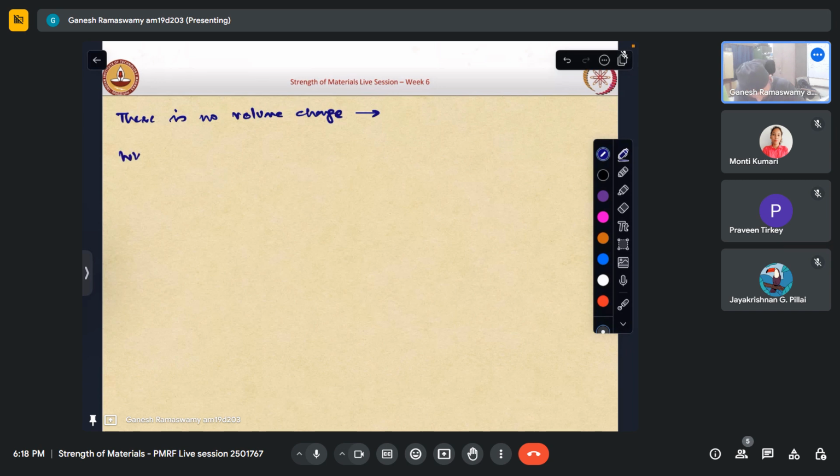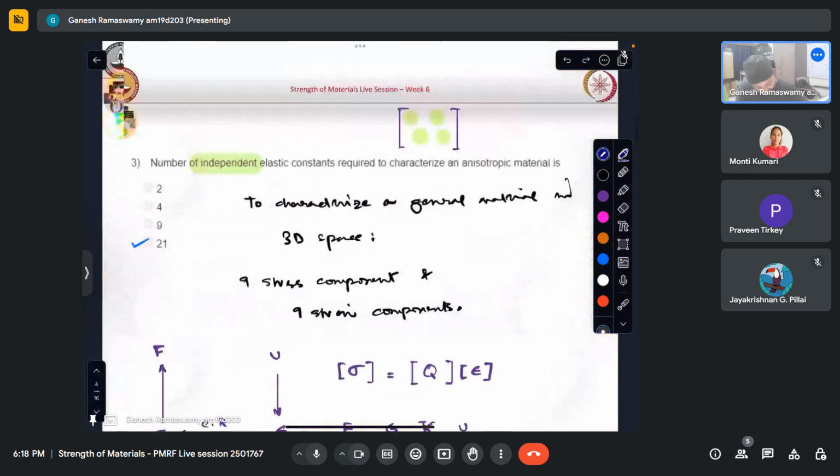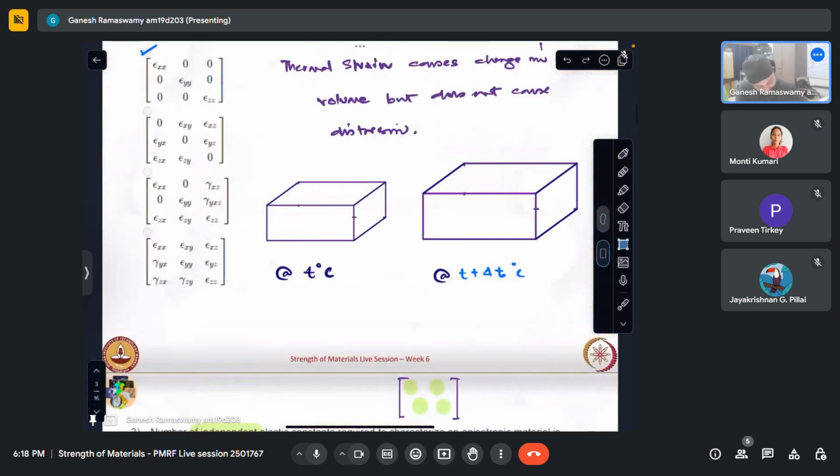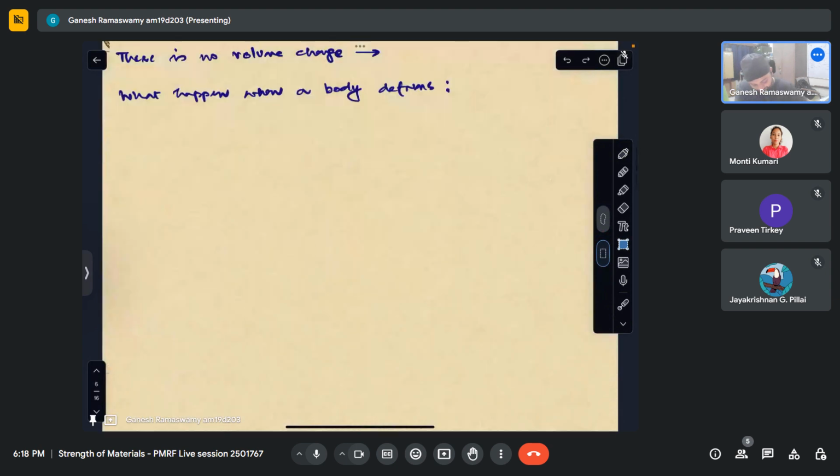So what happens when a body deforms? Let me take that same shape from here.